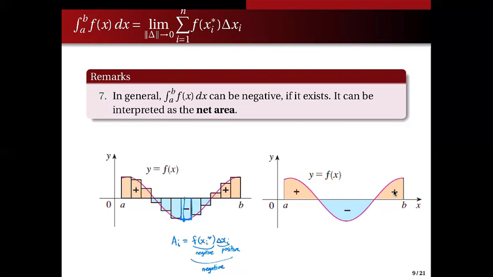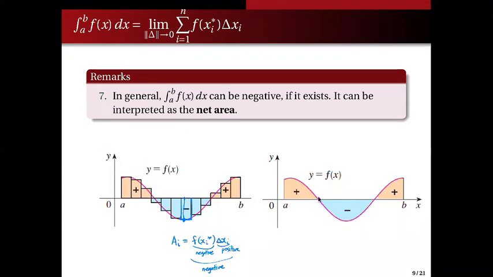Now, if your region is above the x-axis, the value of the net area on those regions will be positive. If your regions are below the x-axis, just like this, the value of the net area of those regions will be negative.